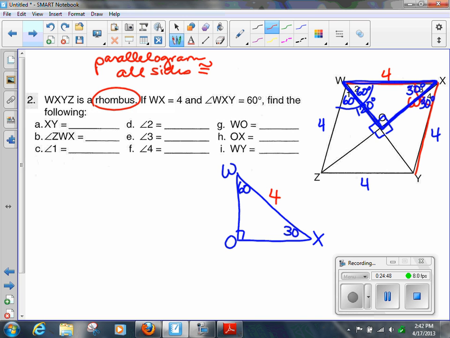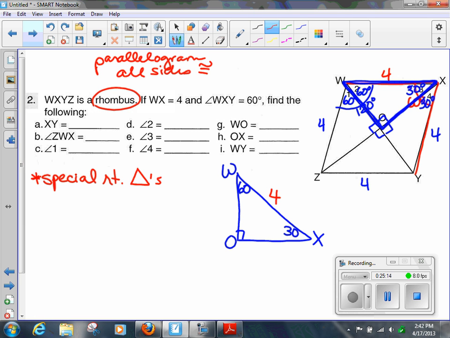Remember when we went over special right triangles, 45, 45, 90, and 30, 60, 90 triangles? I have the hypotenuse of this triangle is 4.